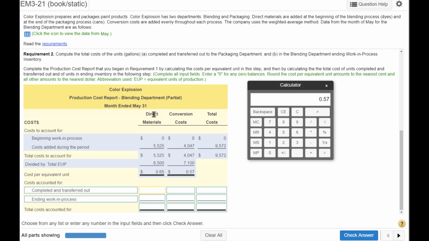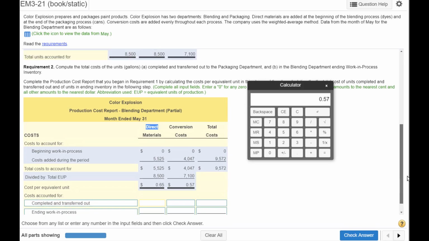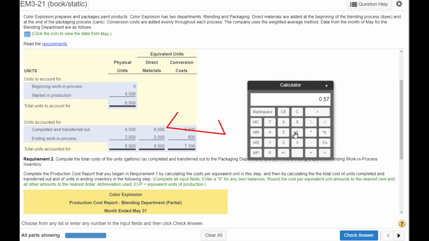First of all, we're going to calculate the direct materials costs for the completed and transferred out units. To do that, we have to figure out the equivalent units for direct materials, and those are the ones that were completed and transferred out. So direct materials completed and transferred out are 6,500.